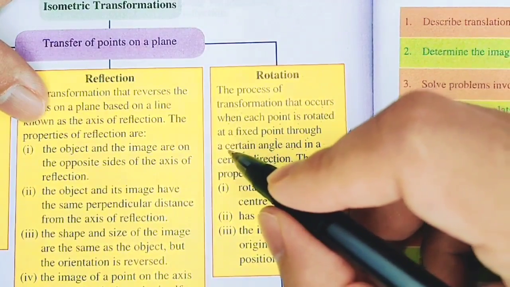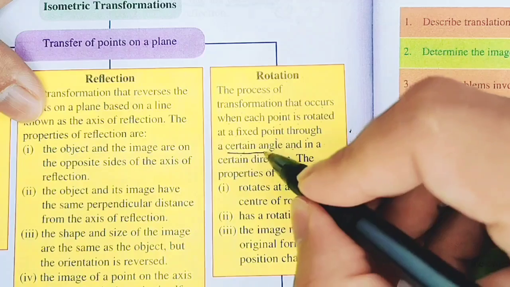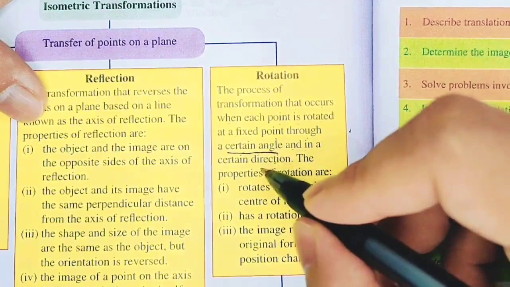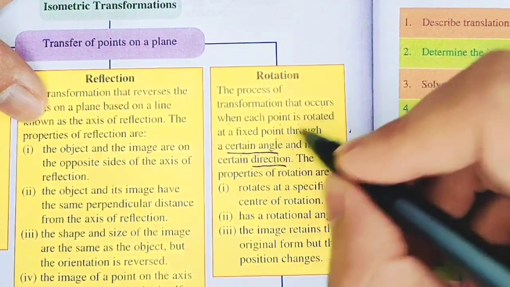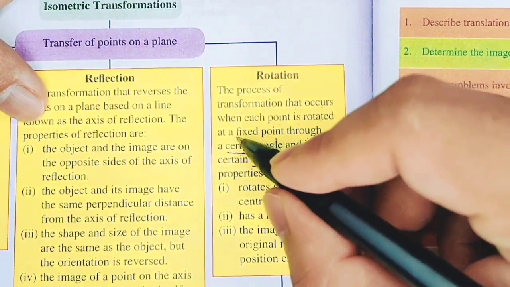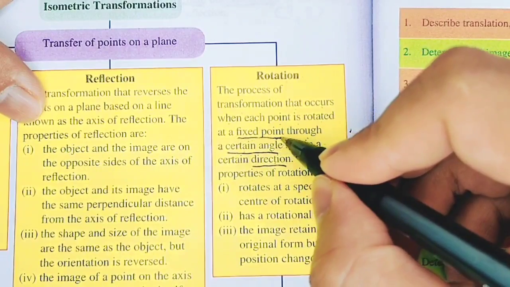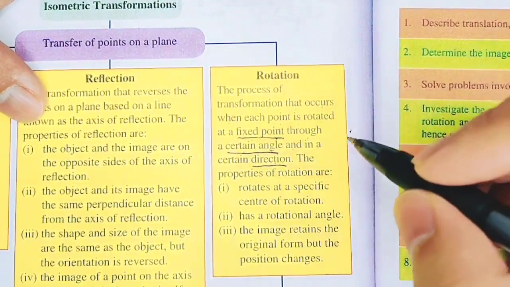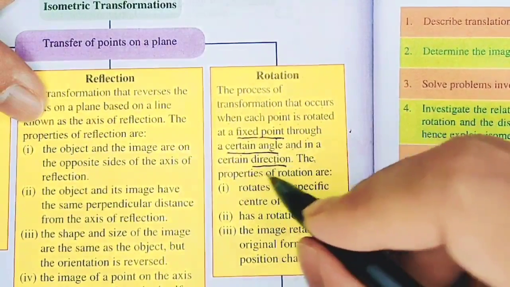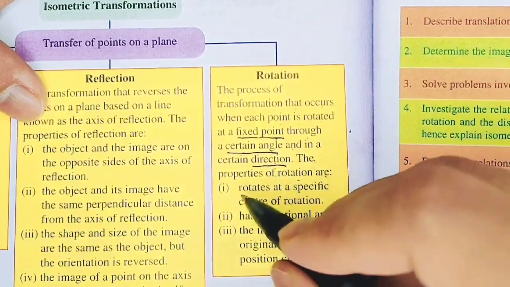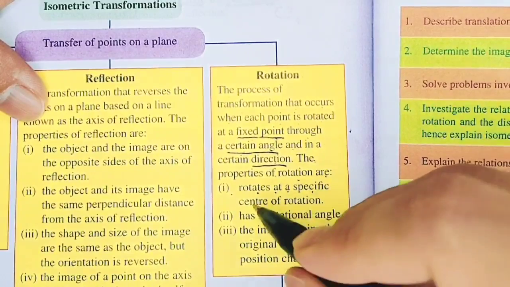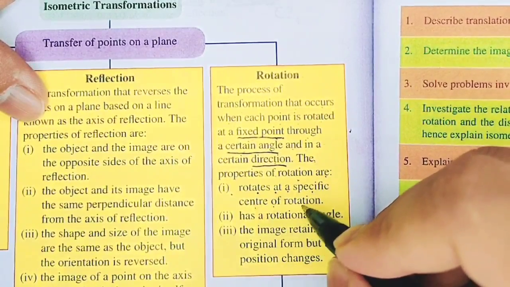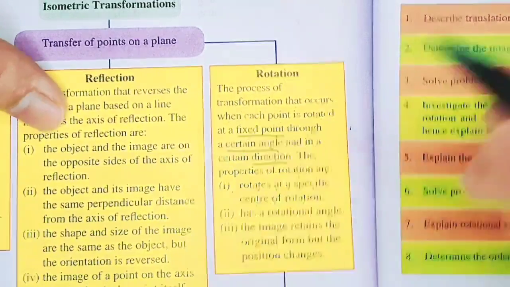So the main point here, a certain angle in a certain direction, rotated at a fixed point, is also the key for the definition. The properties of rotation are, number one, it rotates at a specific center of rotation. We go back to the question.